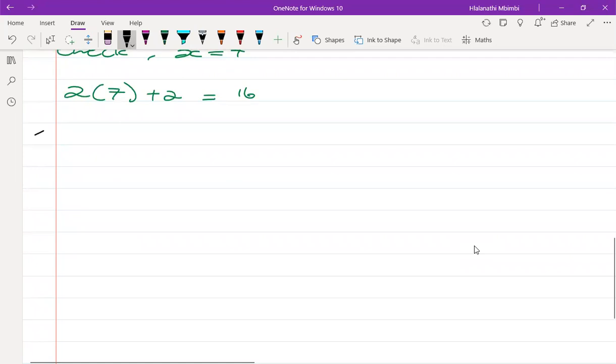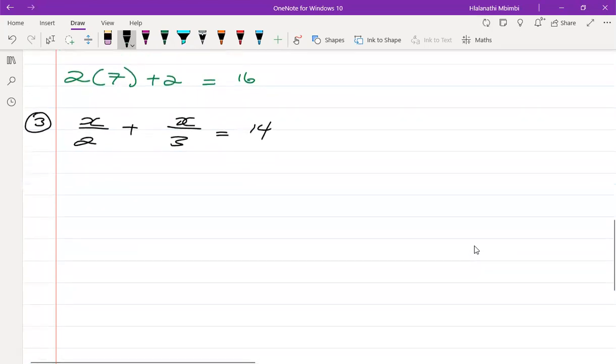Okay, cool. Can have another type of problem where we have maybe x over 2 plus x over 3 is equal to 14, right? This one, I always just say, look at the denominators, multiply your denominators, that's 2 times 3, it's 6. And then multiply by that number that you get throughout the equation.